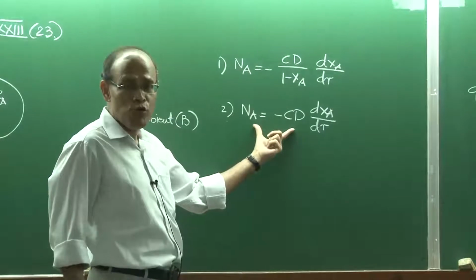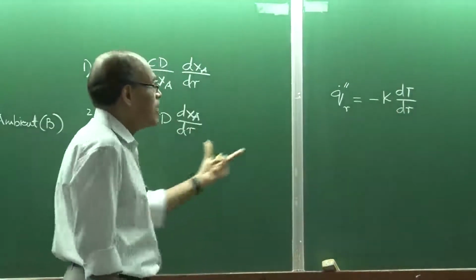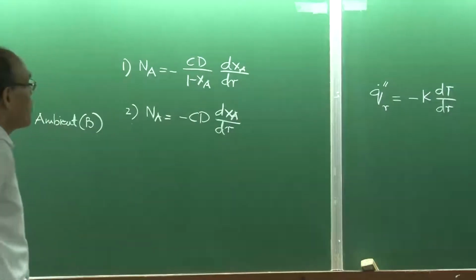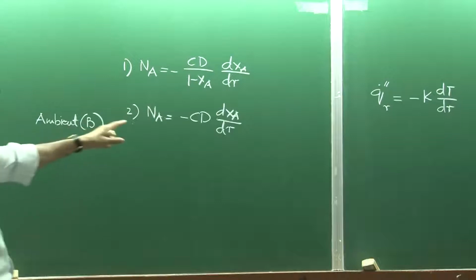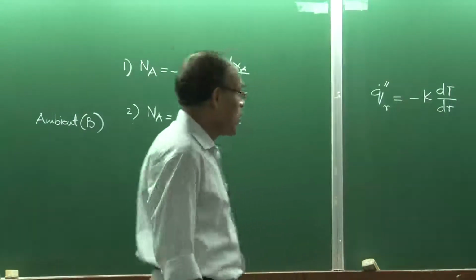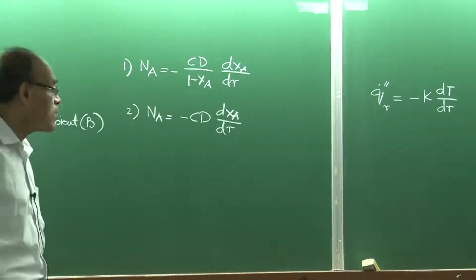This is a case of pure diffusion of mass, and this is a case of pure diffusion of heat in the spherical geometry. There is 1-to-1 correspondence because C and D are constant here, and so is k, because we are dealing with purely steady state, one-dimensional radial diffusion in spherical coordinates with constant thermophysical properties.